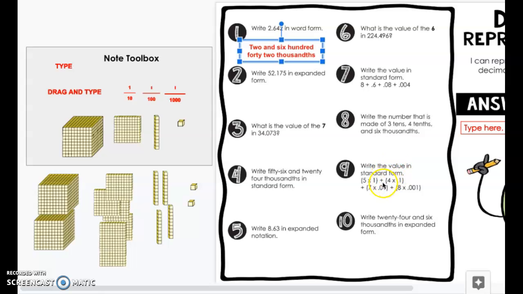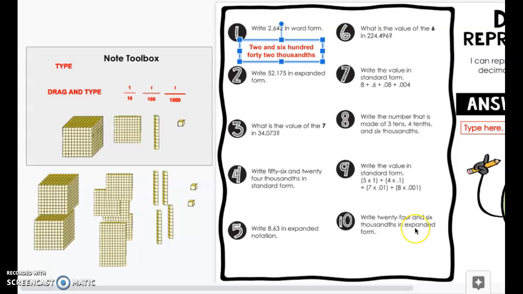Write the value in standard form. 5 times 1 plus 4 times 1/10 plus 7 times 1/100th plus 8 times 1/1,000th. Number 10. Write 24 and 6/1000ths in expanded form.